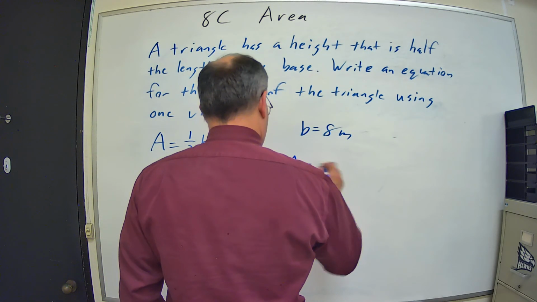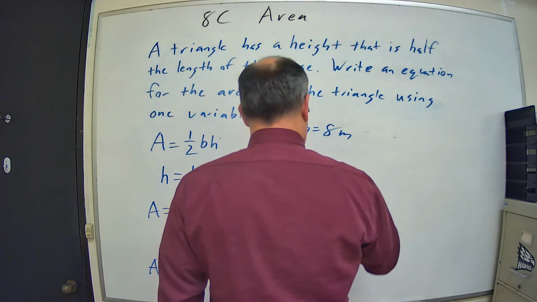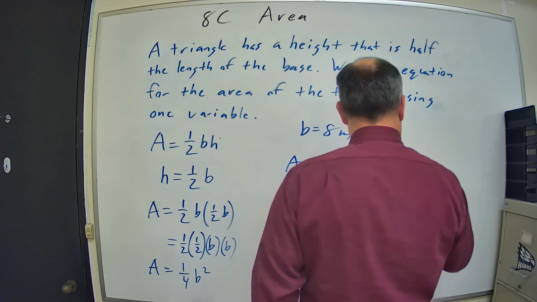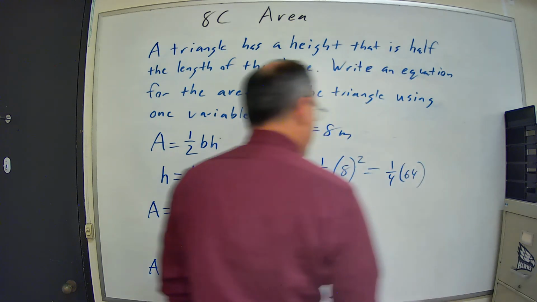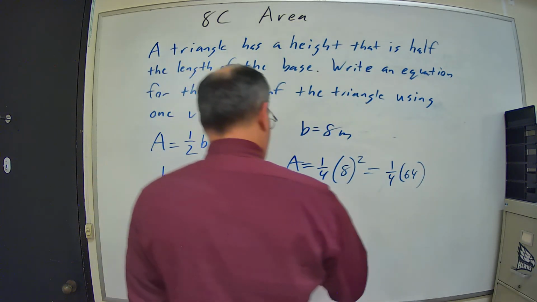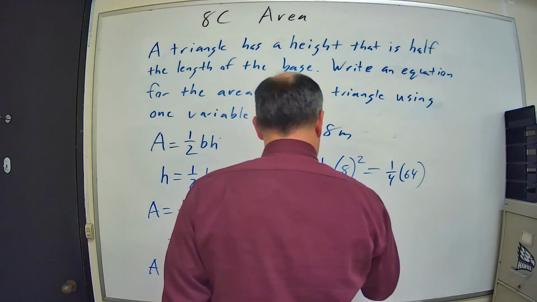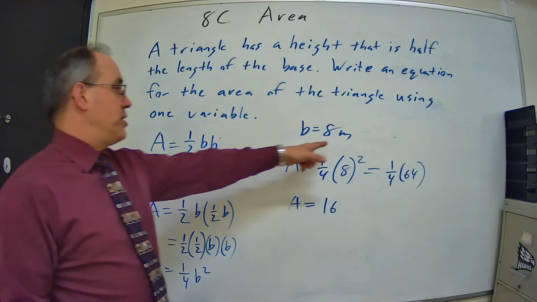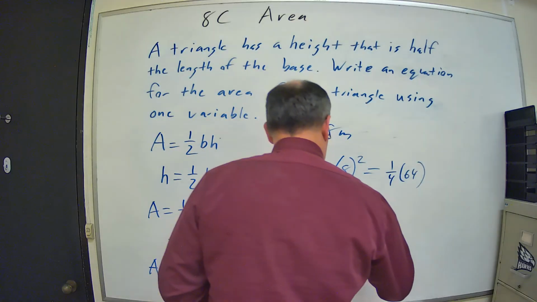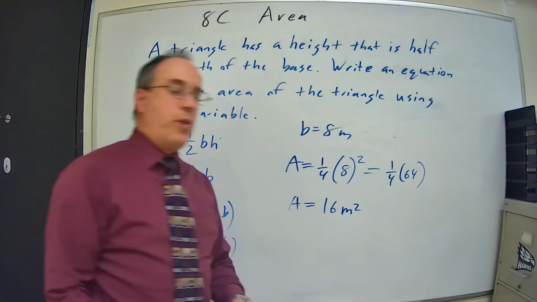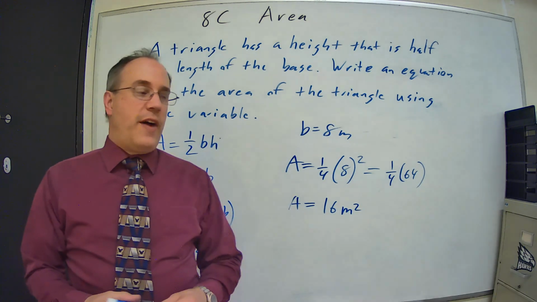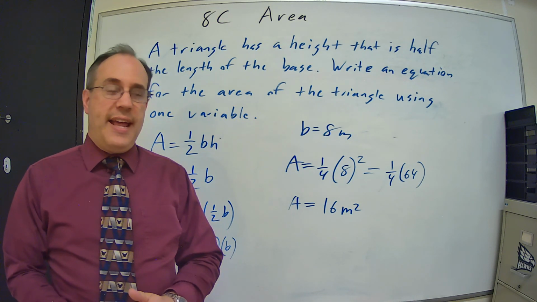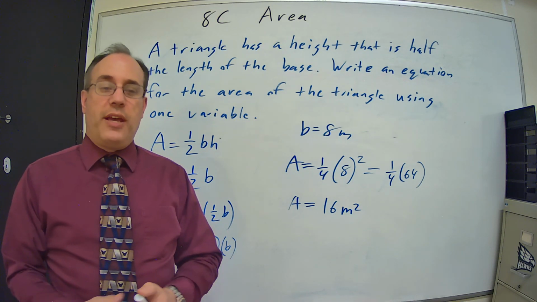So the area is equal to 1/4 times 8 squared, or 1/4 of 64. 64 divided by 4 is 16, and it was in meters. So remember, meters squared. So we're able to find the area of triangles, rectangles, squares, and any grouping of those.